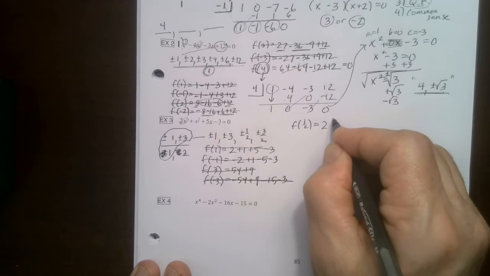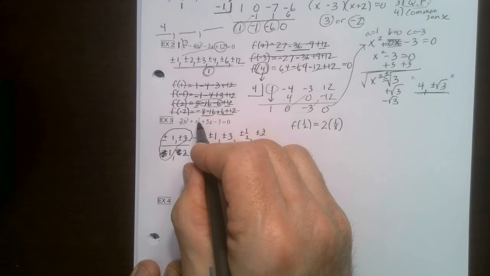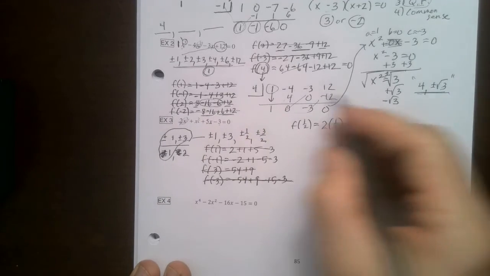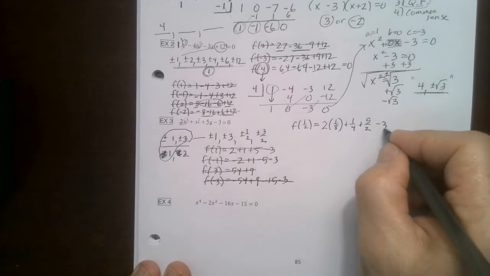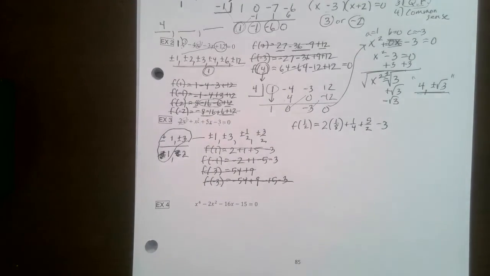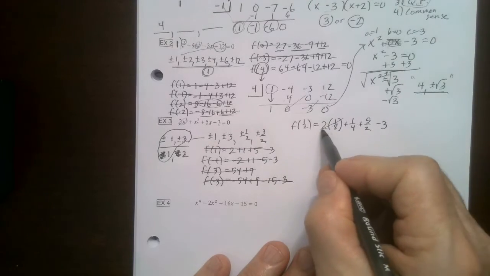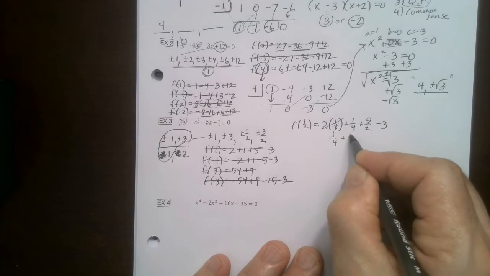That's 2, I'm going to show my work, times 1/8. And then what's 1/2 times 1/2? 1/4. What's 5 times a half? 5 halves. Minus 3. And when you first look at this, you're like, there's no way this is going to work. But this, 2 times 1/8 is actually 2/8 or 1/4 plus 1/4.